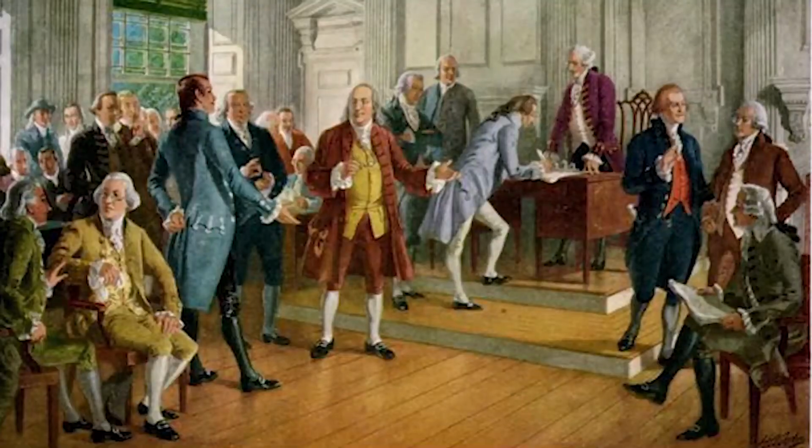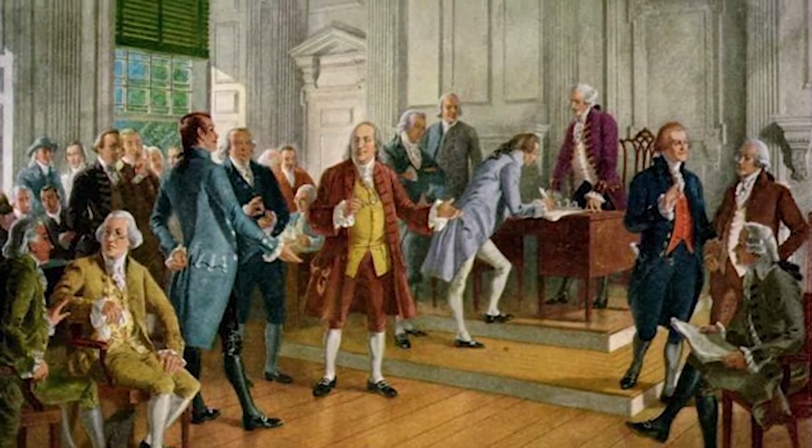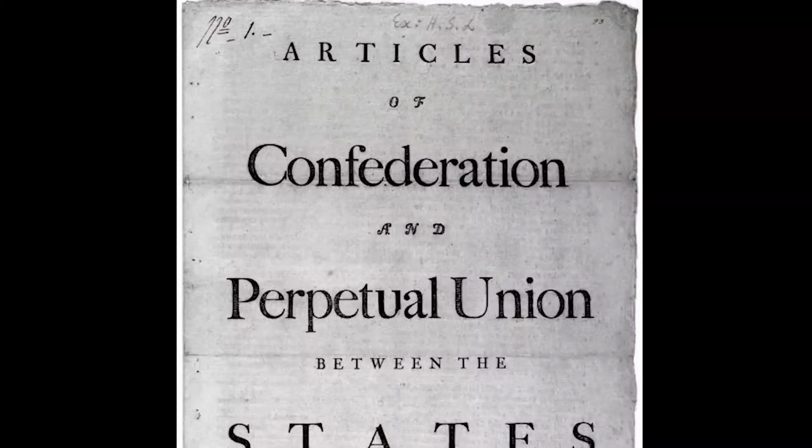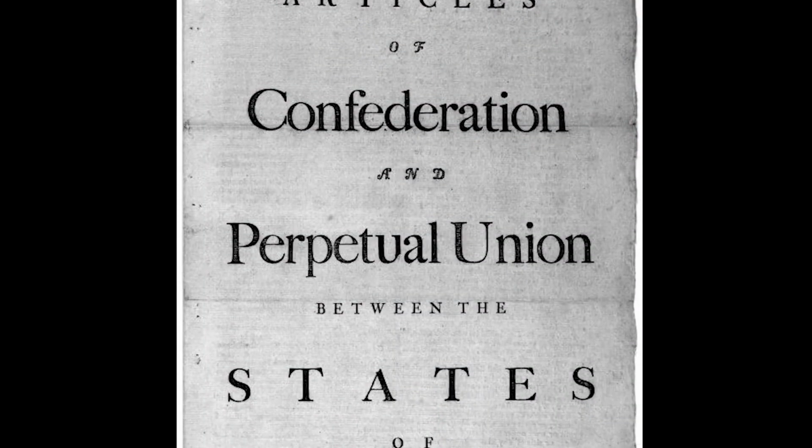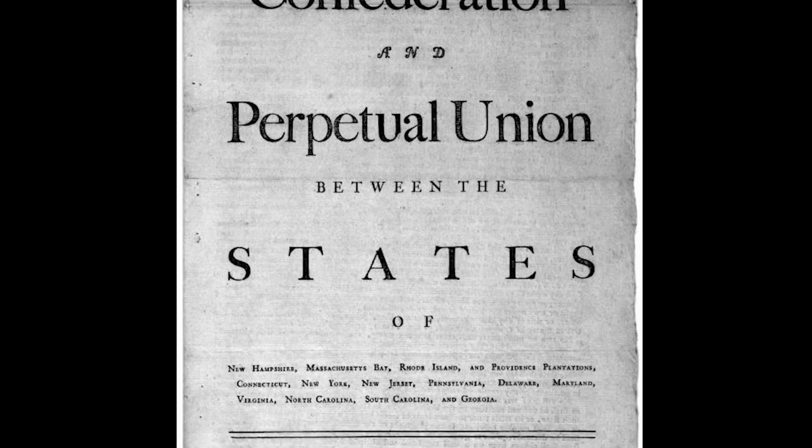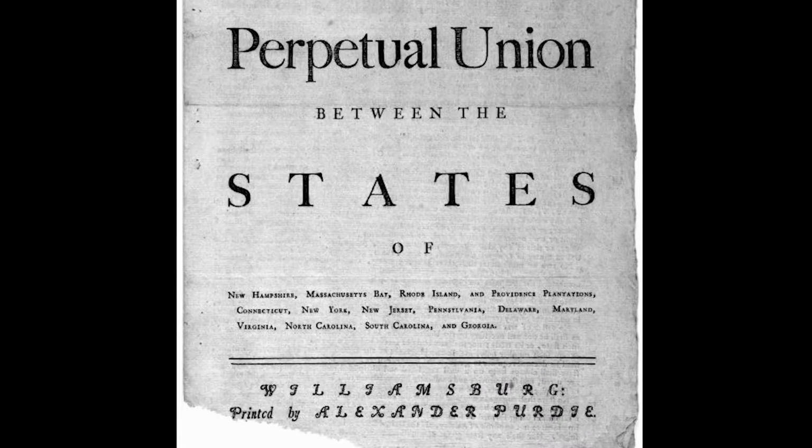The Congress held all the executive powers, and no separate executive branch was established, even in the Articles of Confederation, which, after being sanctioned by the states, served as the first constitution.